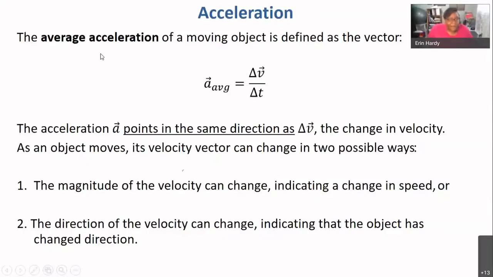So I have a note here just asking us to think back to our earliest definition of average acceleration. So this dates back to the later parts of chapter 1.